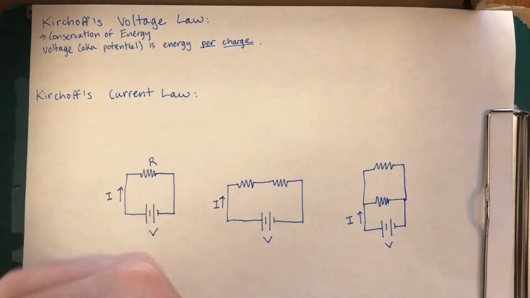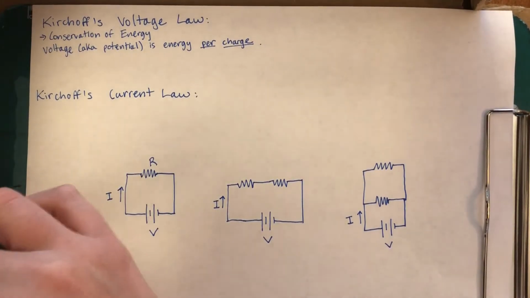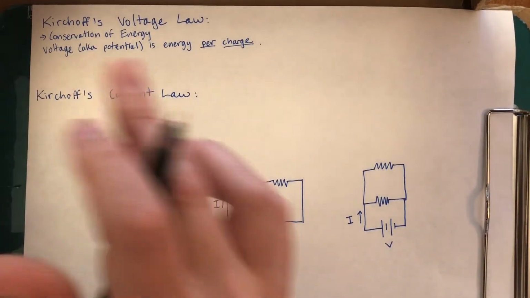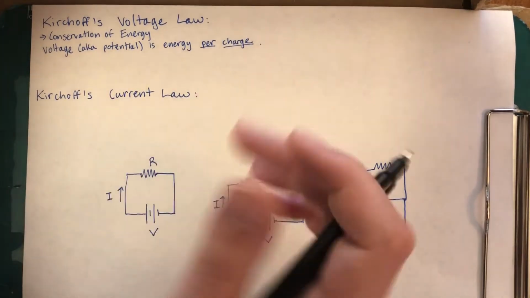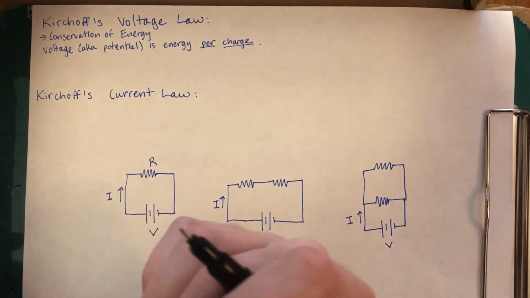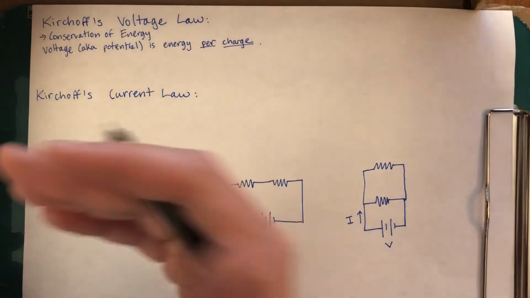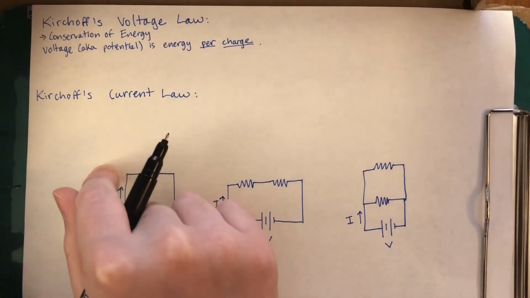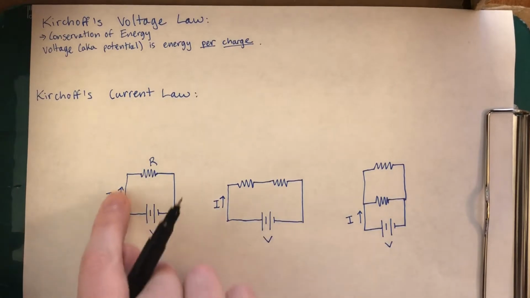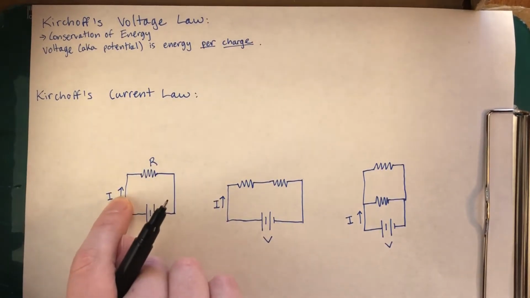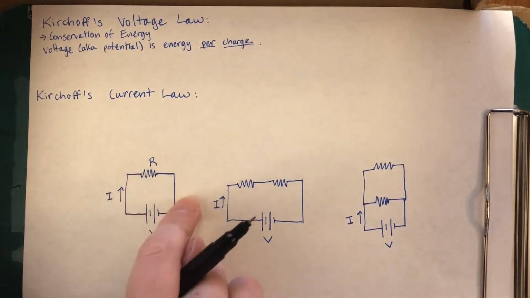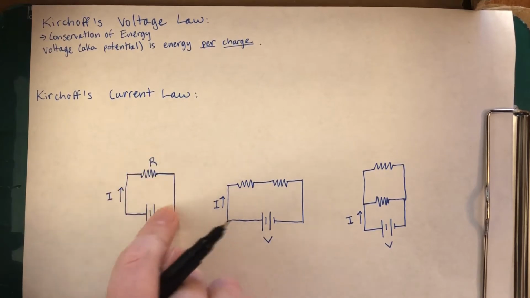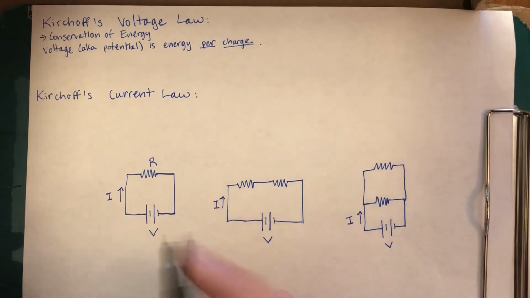So what this means is, as a charge moves around a circuit as part of current, it needs to obey conservation of energy. And what that means is that if it completes a full lap of the circuit, it needs to end up with basically the same amount of energy that it started with.